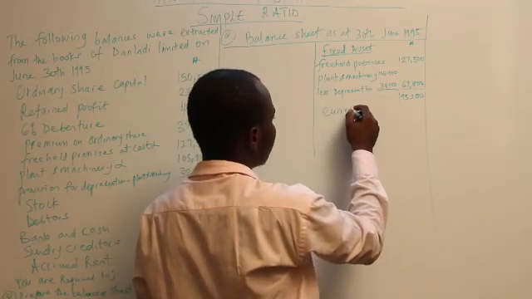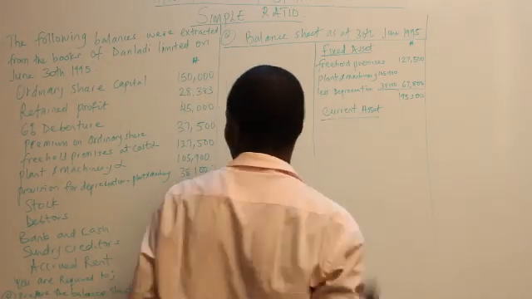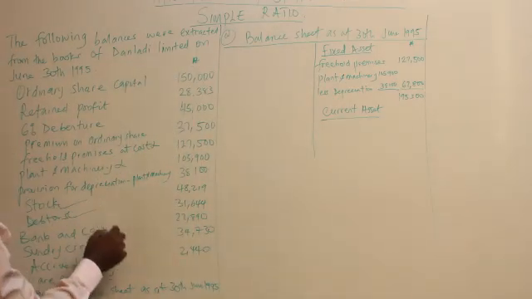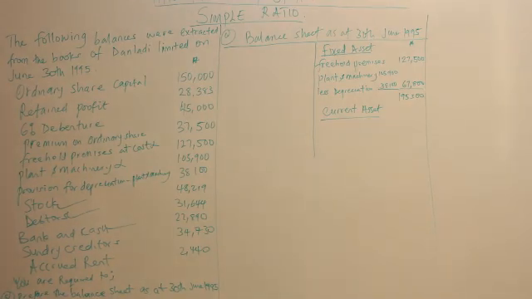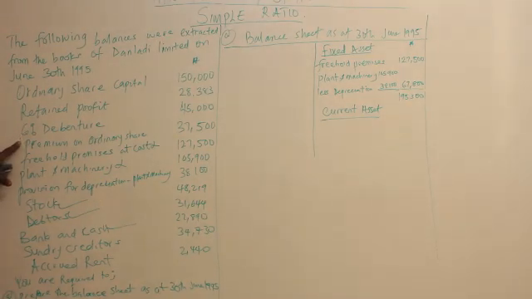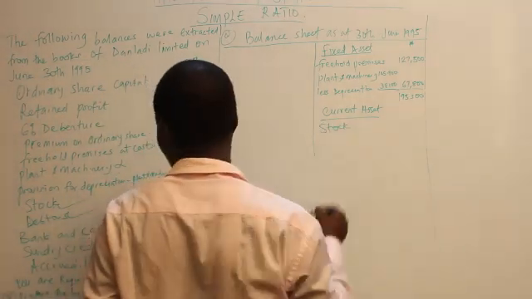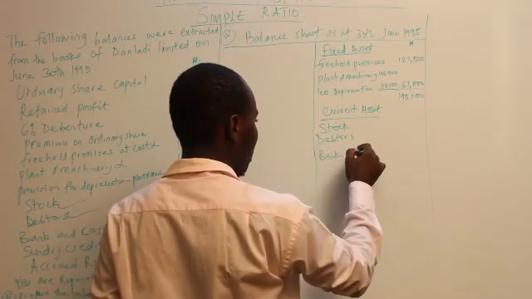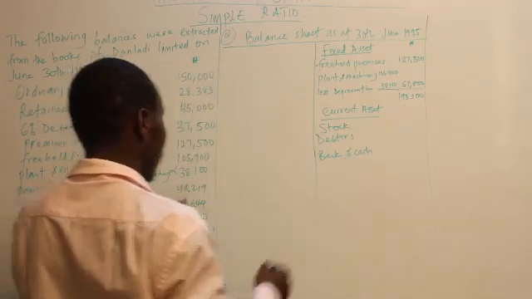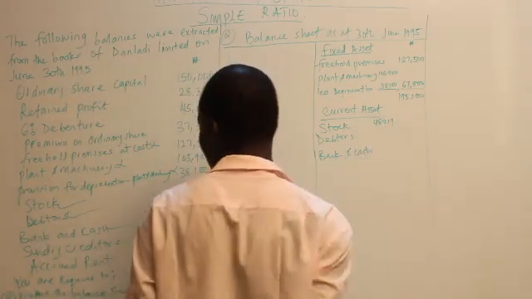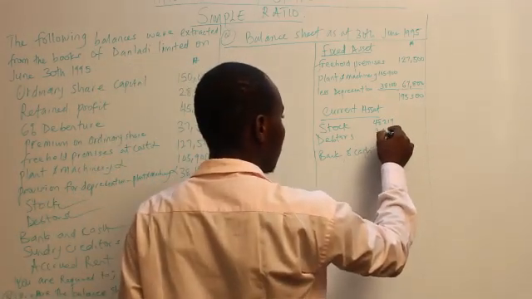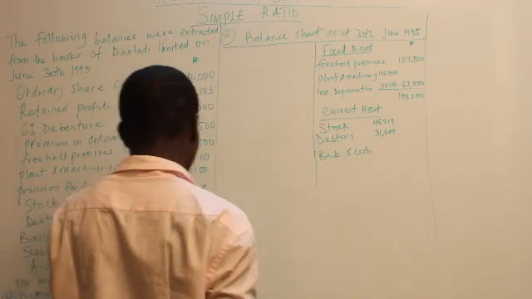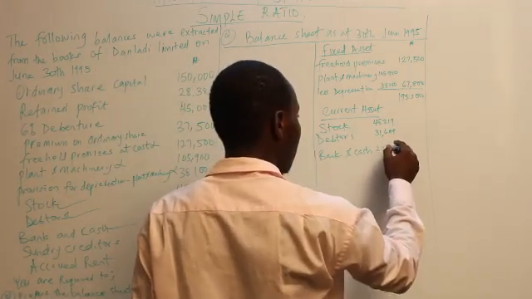Now we can have our current assets. We have stock, debtors, and bank and cash. Stock is 48,219, debtors 31,644, and cash and bank 22,890.